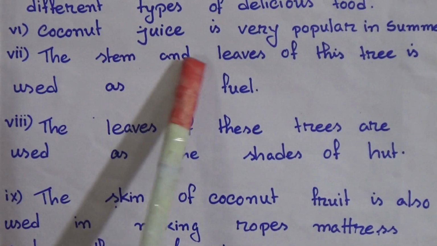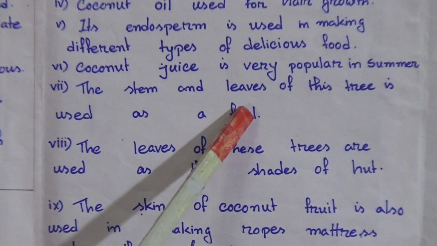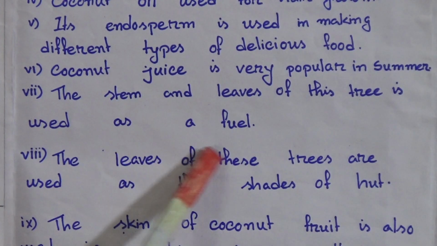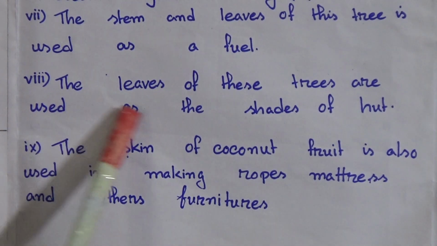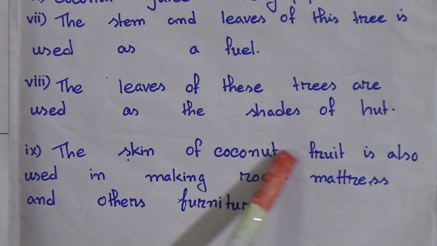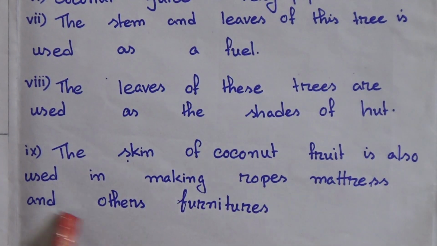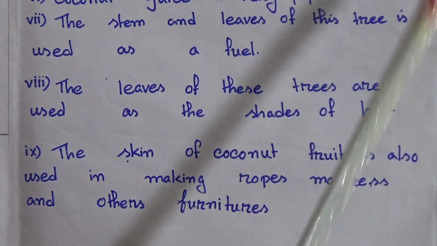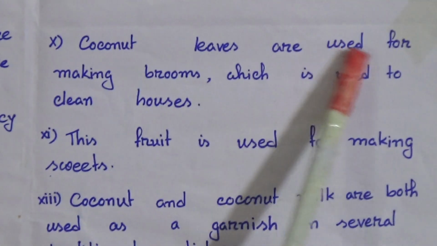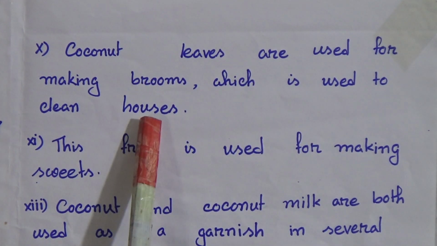The stem and leaves of this tree are used as fuel. The leaves of this tree are used as shades for houses. The skin of the coconut fruit is also used in making ropes, mattresses and other furniture. Coconut leaves are used for making brooms, which are used to clean houses.